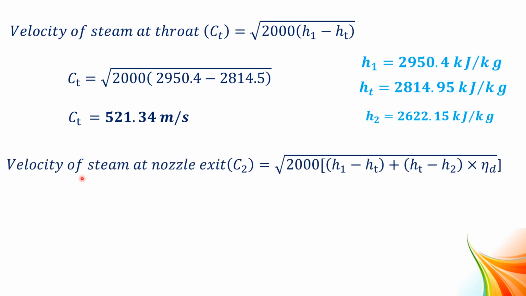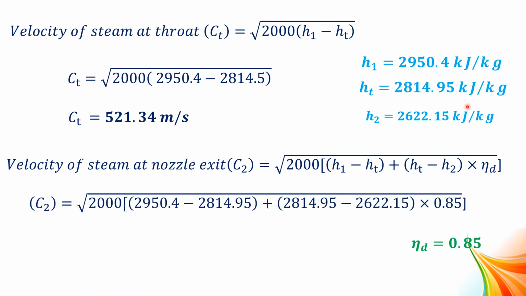Similarly, velocity of steam at the nozzle exit C2 equal to square root of 2000 into (H1 minus Ht) plus (Ht minus H2) into eta d. The efficiency of the divergent part of the nozzle is also given in the problem, which is 0.85. Substituting all the four values in this equation, we get the exit velocity C2 equal to 773.73 meters per second.